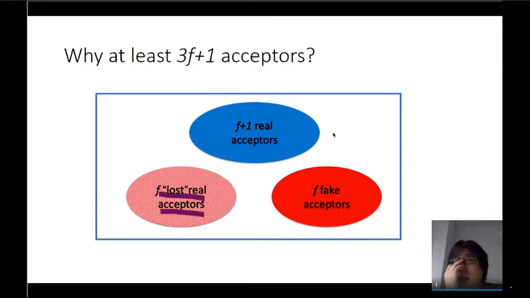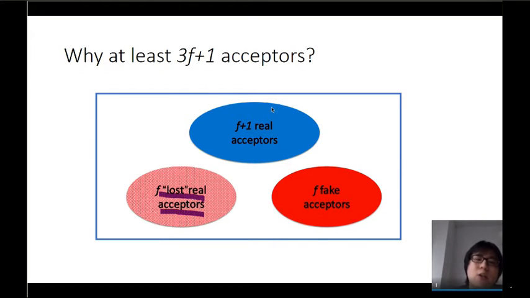For example, if the F fake acceptors simply pretend to vote for a value, and then you think the value is chosen, but after that the fake acceptors can deny they have ever voted for that value. Then the system is inconsistent. So that's the reason why you need at least 3F plus 1 acceptors.